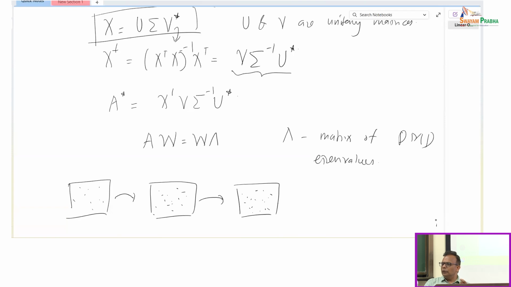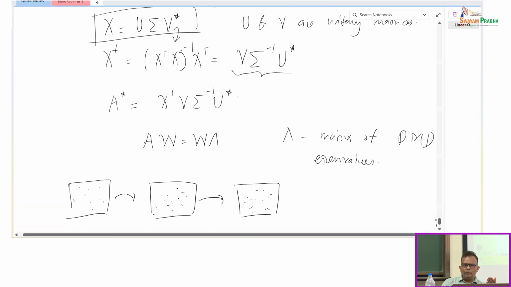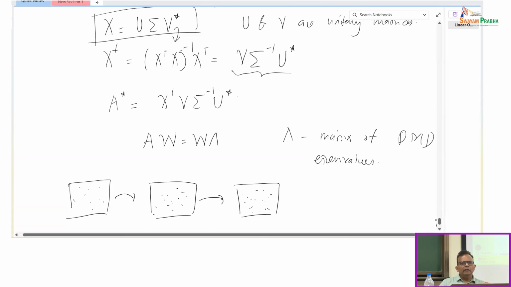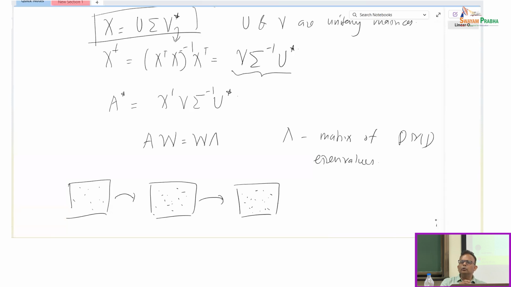People in the fluids community have been using POD, which is SVD, singular value decomposition, for quite a long time, and they find modes which are important from the energy point of view. But for phenomena like turbulence, which is unstable, the dominant energy modes may not be the ones causing the instability. There will be low energy modes which over a period of time cause instability, and those will not be captured when you do this POD.